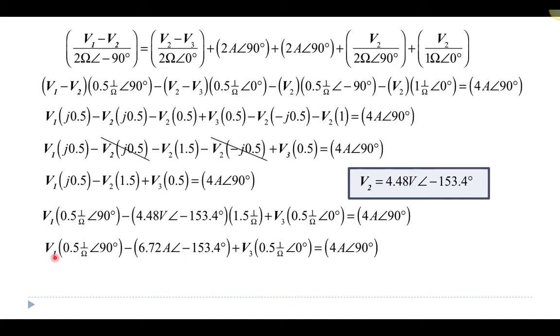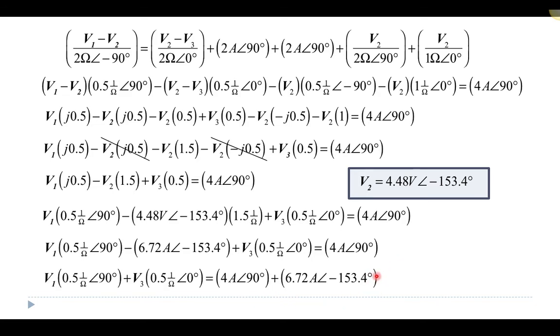I've got my V1 and my V3, which are my unknowns. I need to take this term and move it to the other side, so I'm going to add it to the other side of the expression. And I need to combine these two terms. They are currently in polar form and I need to add them, so I need to put them into rectangular form.